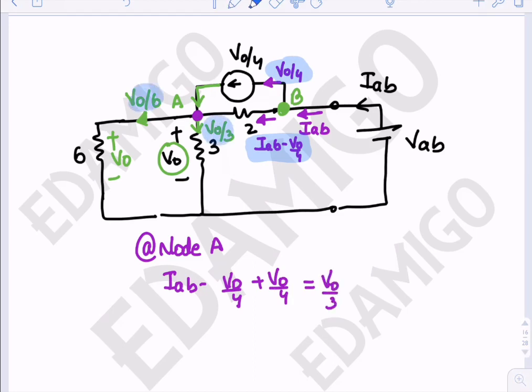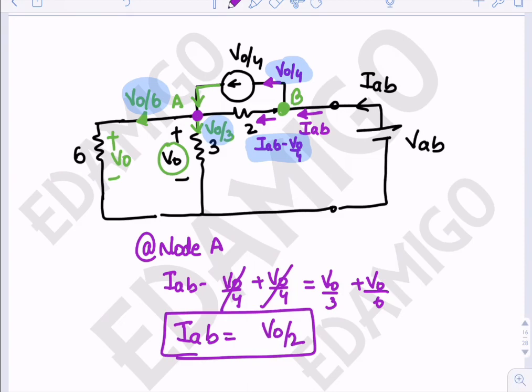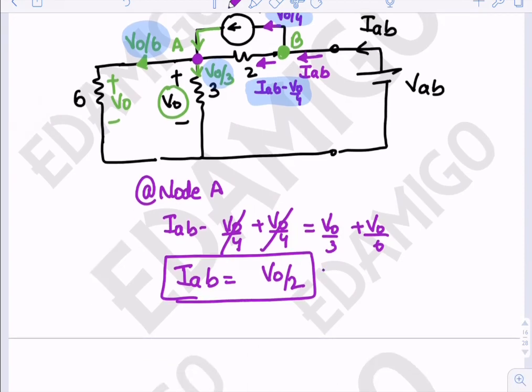The outgoing current is V0 by 6. Okay, so these two will cancel out. We can say that IAB is equal to V0 by 3 plus V0 by 6, which is V0 by 2. Okay, so we have IAB in terms of V0. Now IAB equals V0 by 2.